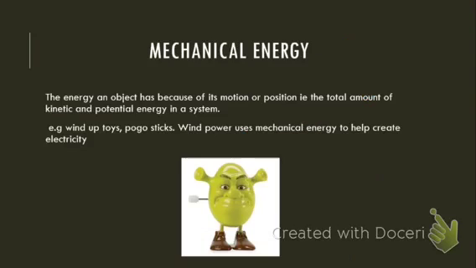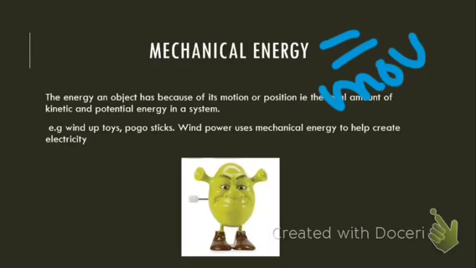Mechanical energy. The best way to identify something if it has mechanical energy is to determine if it has moving parts or not. Mechanical energy is the energy an object has because of its motion or position. It's the total amount of kinetic and potential energy in a system. So examples of things that have mechanical energy, again, you're looking for moving parts. That is the key to mechanical energy.